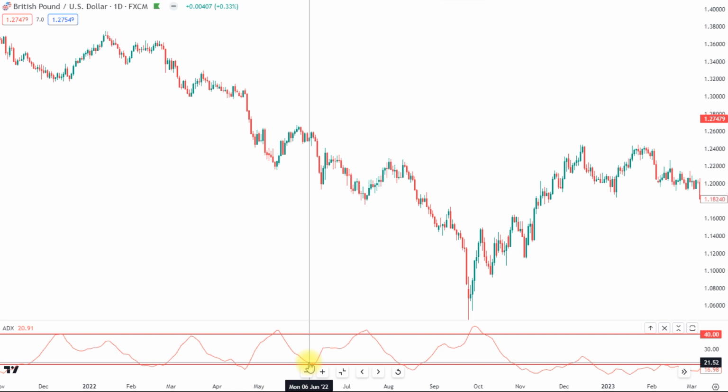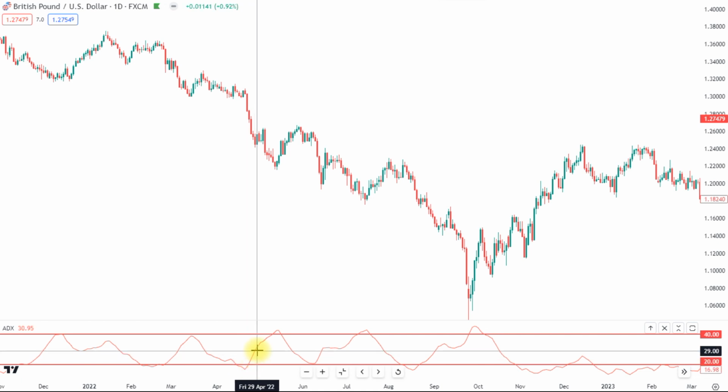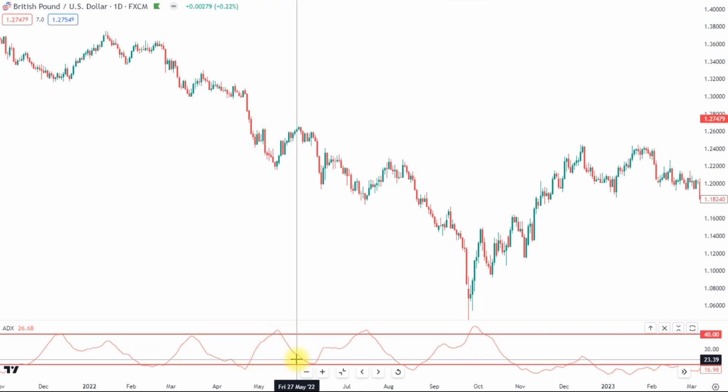So the ADX itself is not giving us any directional information. It's only giving us information about the strength of the trend. So no matter if the ADX is going up or down, this is no indication for going long or short. There is a possibility to apply that to the chart as well, but we will talk about that part later. Therefore, make sure you stay tuned till the end of this video so you get prepared for your trend trading.